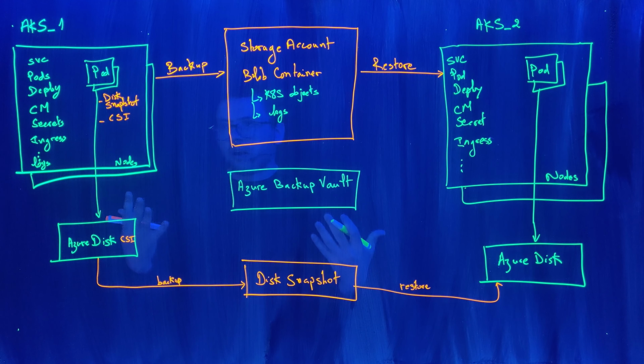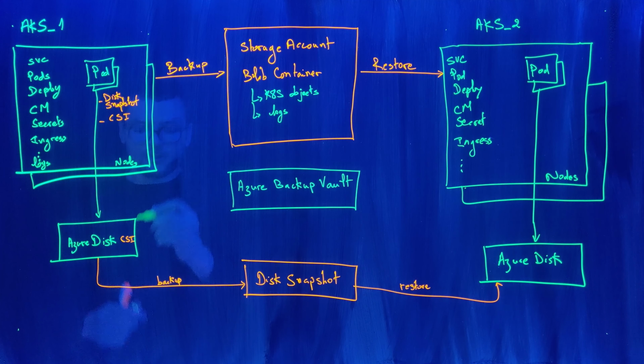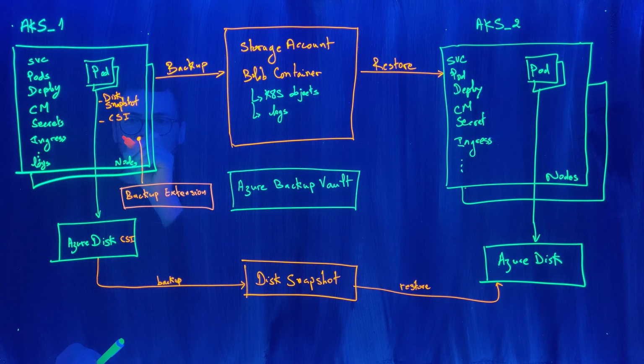So first, what we need to do in AKS in order to trigger this backup is to install the AKS backup extension. This means inside my AKS cluster, I need the backup extension. That backup extension will install some pods, and behind the scenes it's using the Velero plugin for Azure, okay?